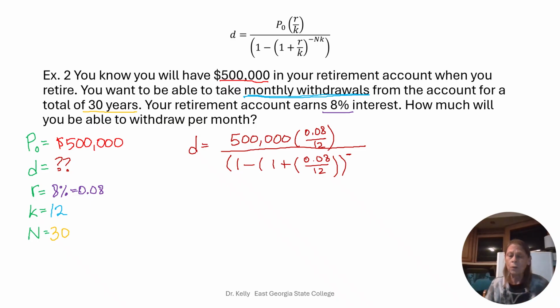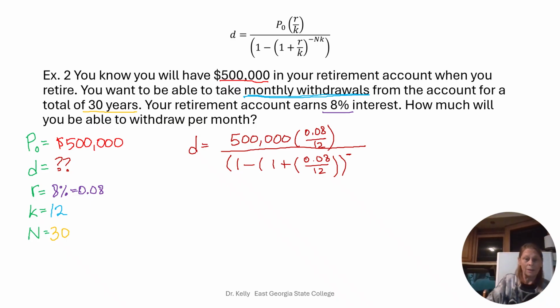So if you make this mistake and you forget that negative and you run this through your calculator and the answer is like negative $2,043.12, you need to stop and use your reasoning skills and go, well, that's not a reasonable answer, because it's got to be a positive answer. Nobody gets paid a negative. If you get paid a negative, you're making a payment. You're not getting paid. So just keep that in mind.